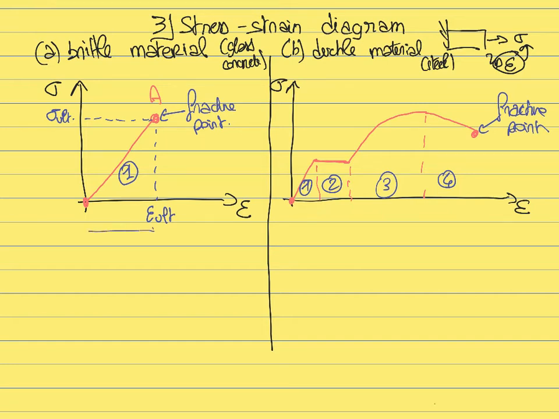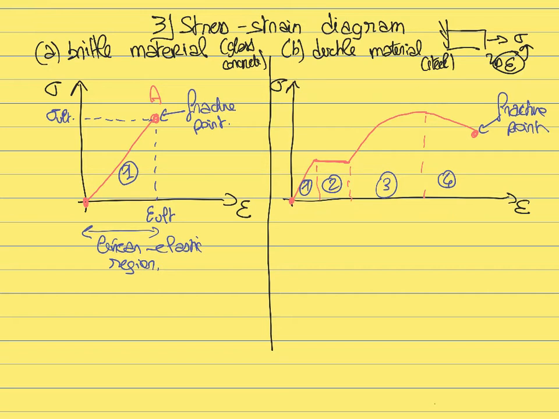Domain 1 is the domain where the stress is increasing linearly with the strain. This is what we call the linear elastic domain, the linear elastic region. This is the first behavior that all materials will initially exhibit.